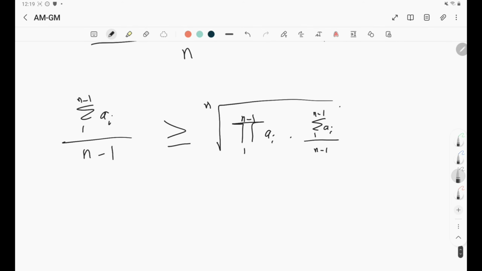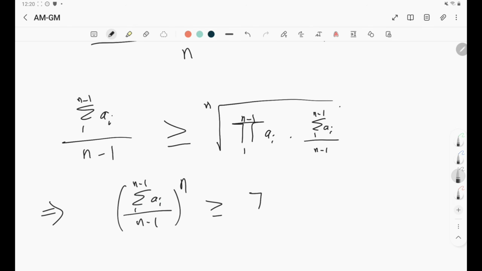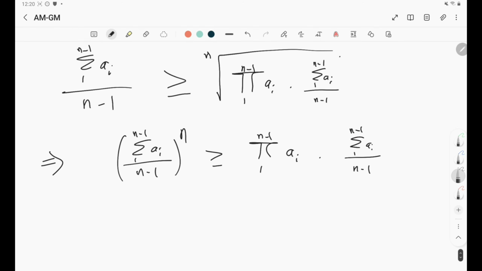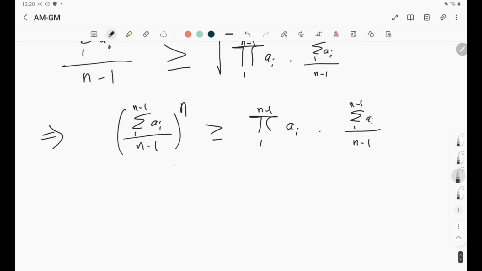So we'll just simply take both sides and raise them to the nth power. Okay, so now this is to the nth. And now we removed the root here. Okay, perfect. So now we can just cancel that.